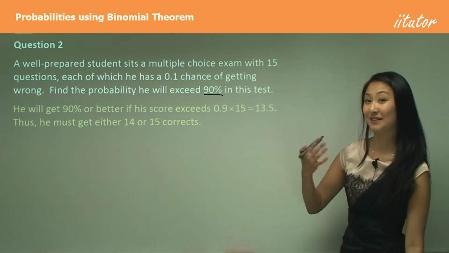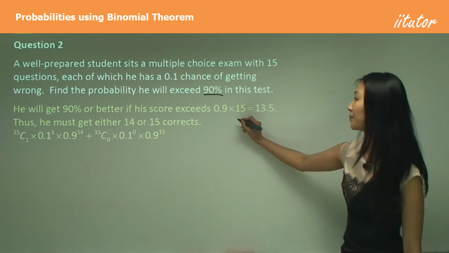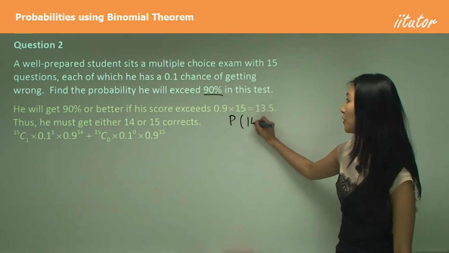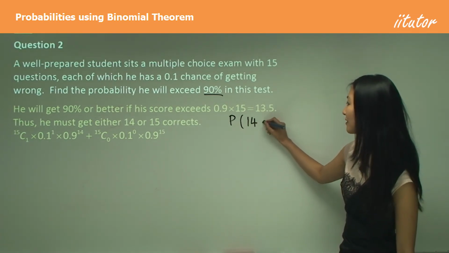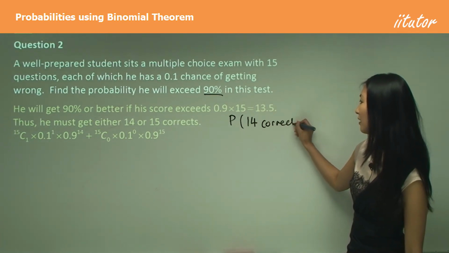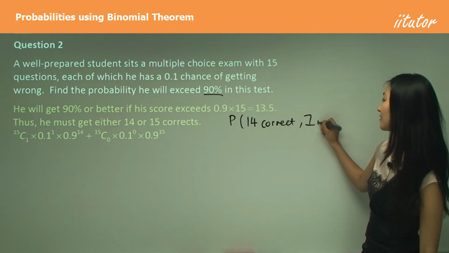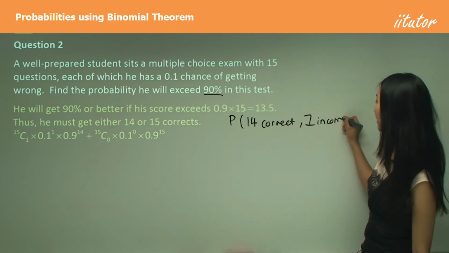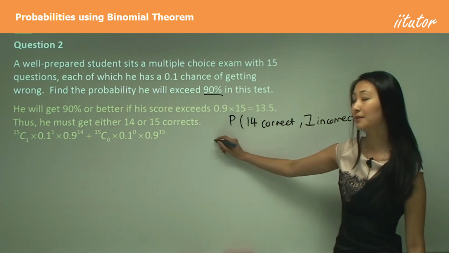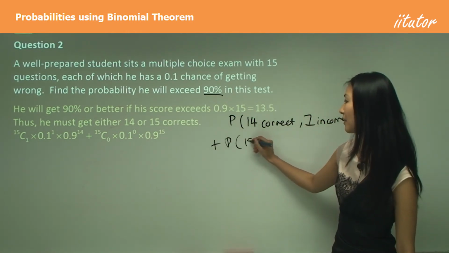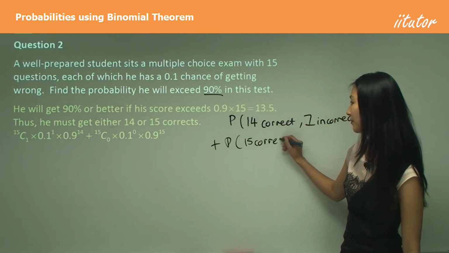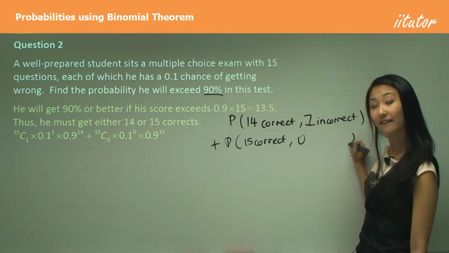So the probability he will exceed that means the probability of 14 correct and 1 incorrect, plus the probability of 15 correct and 0 incorrect there, like that.